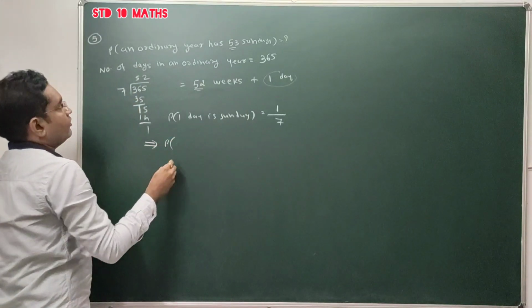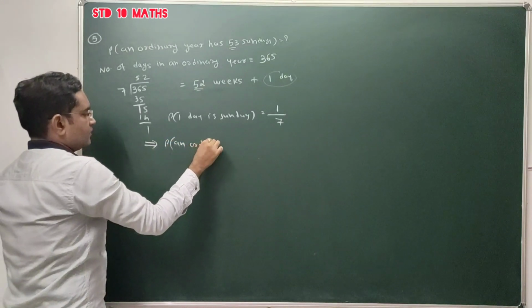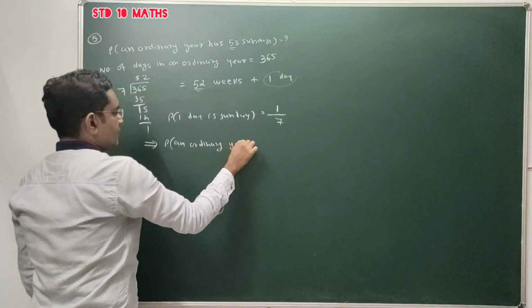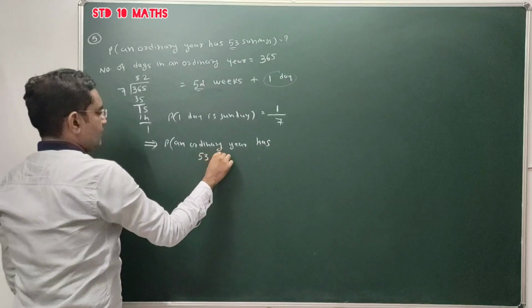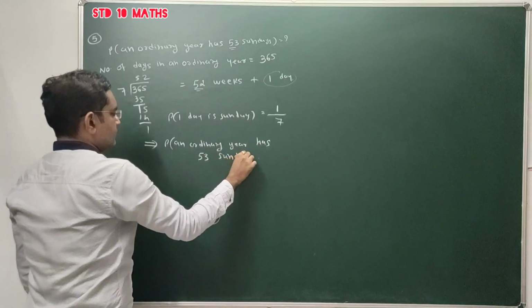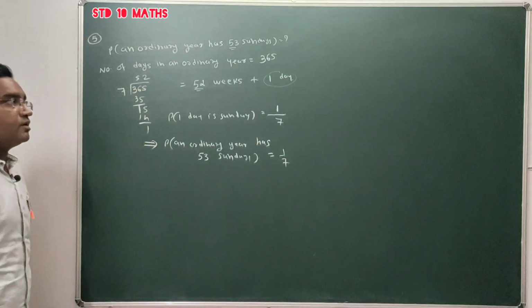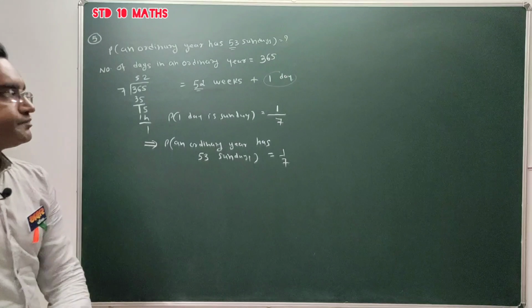So the probability that an ordinary year has 53 Sundays is equal to 1 by 7. So this is how you can solve this question. Clear students? Very good question is there.